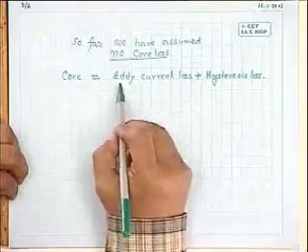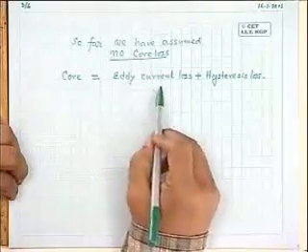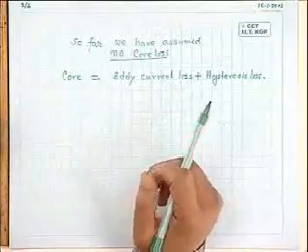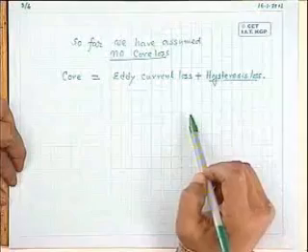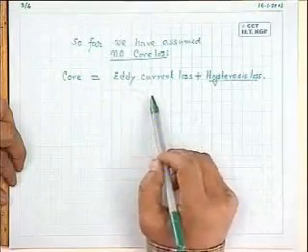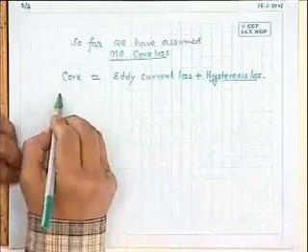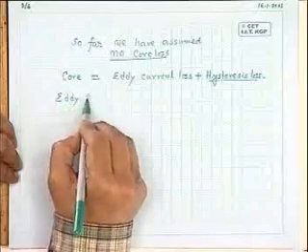I will quickly tell you eddy current loss occurs because of what reason and what is its approximate expression. Similarly, hysteresis loss, how does it occur in the core of a magnetic material and how it can be calculated. Okay, so let me first do eddy current loss.